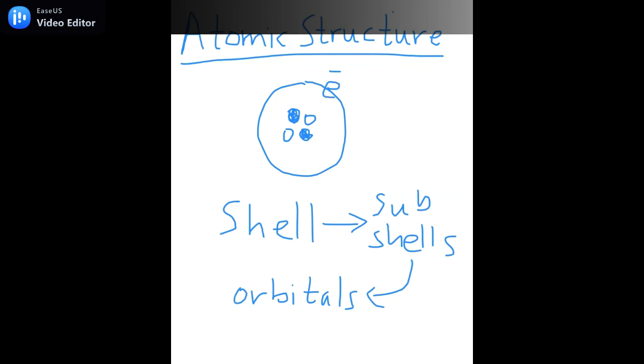Now, in AS level chemistry, we learned that shells are further divided into subshells, and subshells are further divided into orbitals. Electrons are present in the orbitals, and each orbital contains 2 electrons.